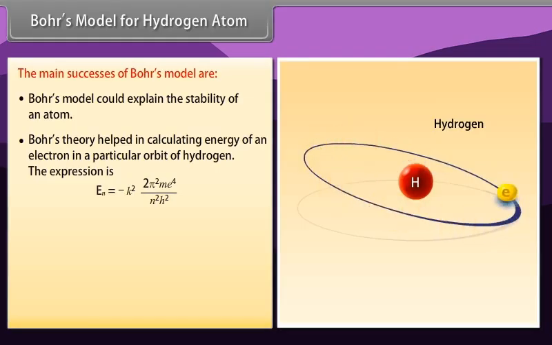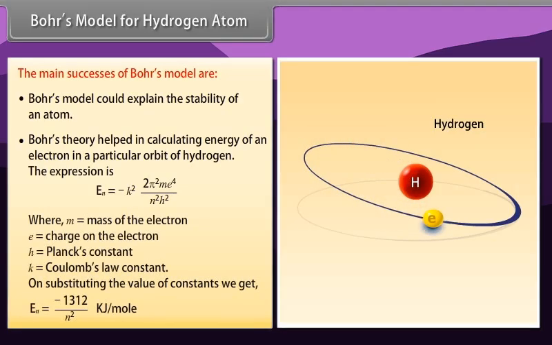The expression is En is equal to minus k² × 2π² × m × e⁴ divided by n²h², where m is mass of the electron, e is charge on the electron, h is Planck's constant, k is Coulomb's law constant. On substituting the value of constants, we get En is equal to minus 1312 by n² kilojoule per mole.